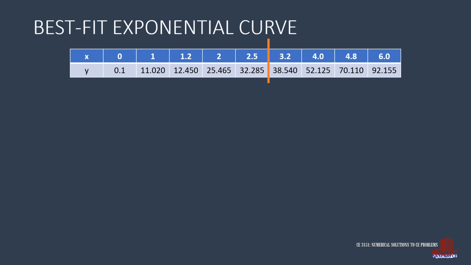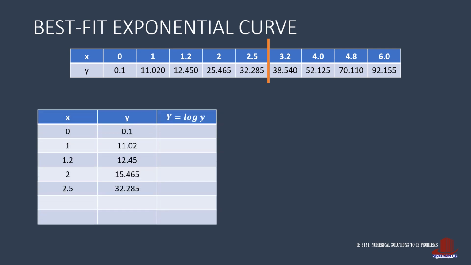If instead of a quadratic curve, we look for the best fit exponential curve, and that is by having two tables similar with the previous ones, but this time an additional column for logarithm of y is attached. The logarithm of 0.1 is negative 1, and the rest is solved by simply taking the log of y. Next is to take the total of x, which is 6.7.